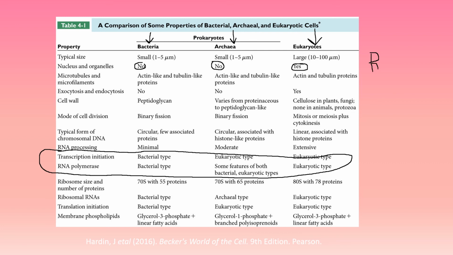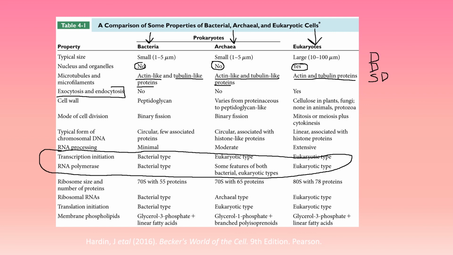So that's a difference. The microtubules and filaments, which make up the skeleton, you can see that it's actin-like and tubulin-like. They're types of proteins. Okay, and then these are made of actin and tubulin proteins. So it's also a similarity and a difference, in my opinion. They both have microtubules and microfilaments, but they're kind of made of different things.